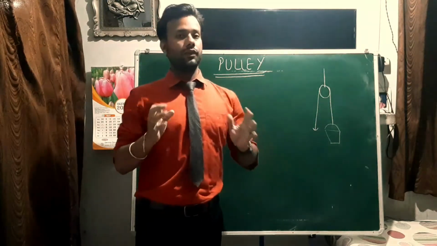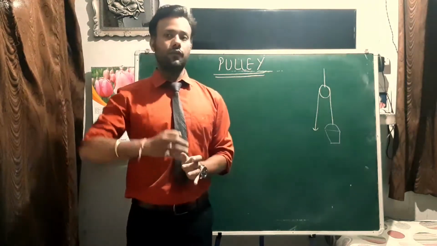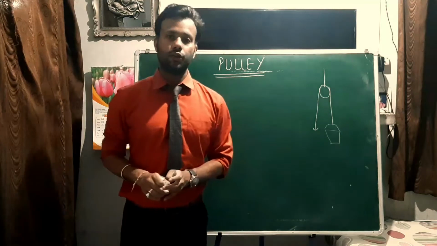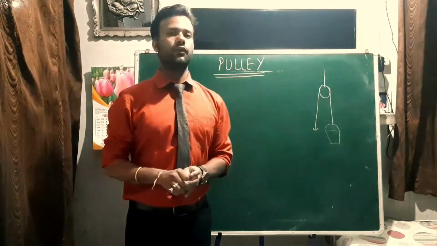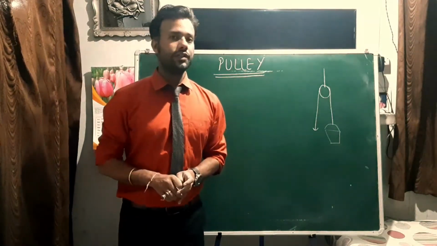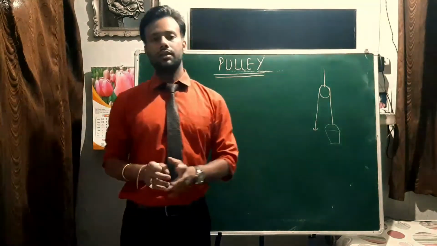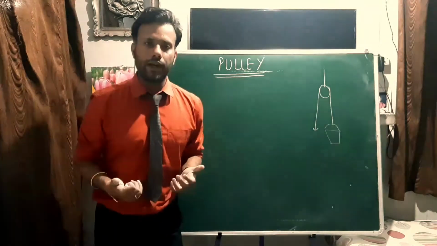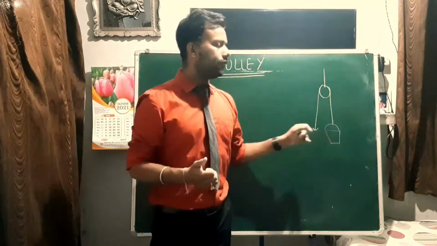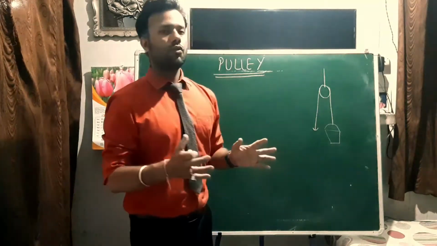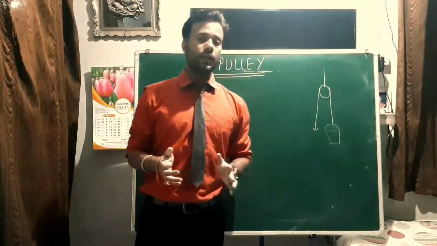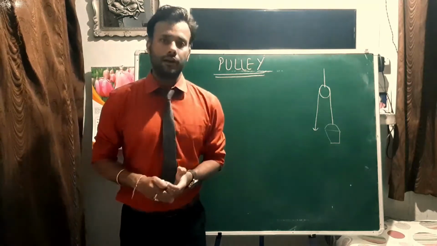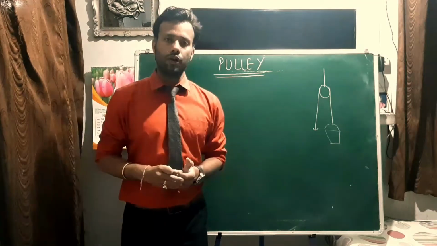Although if the weight of the bucket is, let's say, 20 kg, we have to apply an effort of 20 kg, but by changing the direction of effort, it is quite easy to lift this bucket, because now we can use our human weight to lift it, right? So it is quite easy to lift the load if we change the direction of effort we are applying on the body.